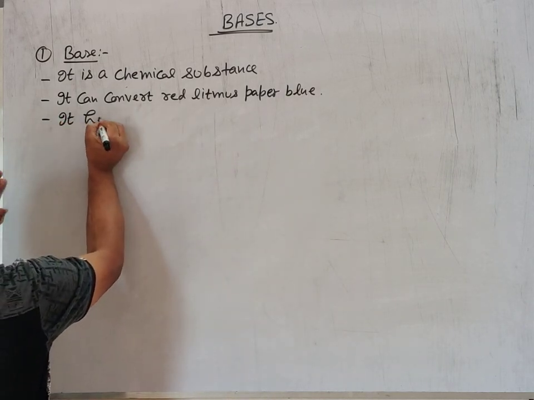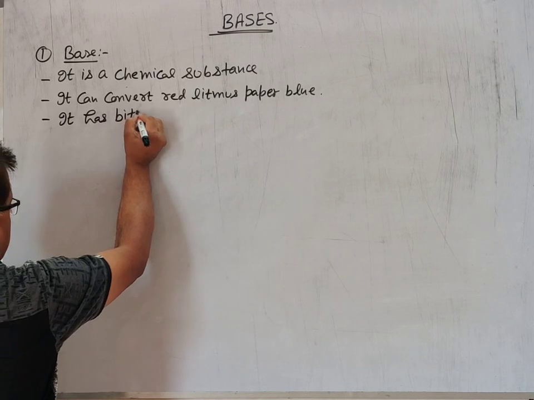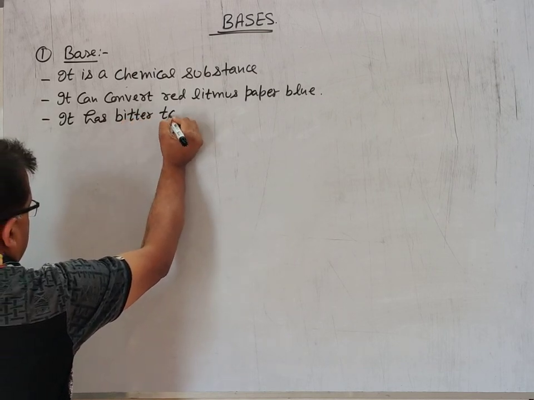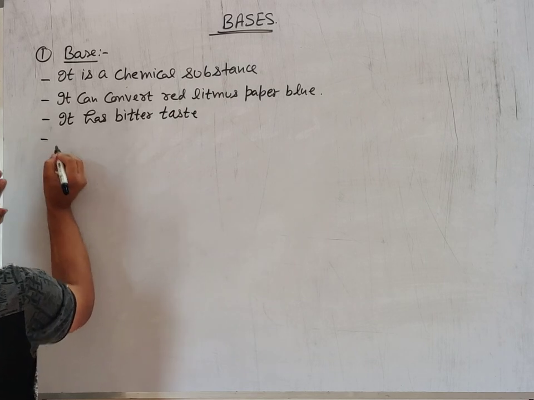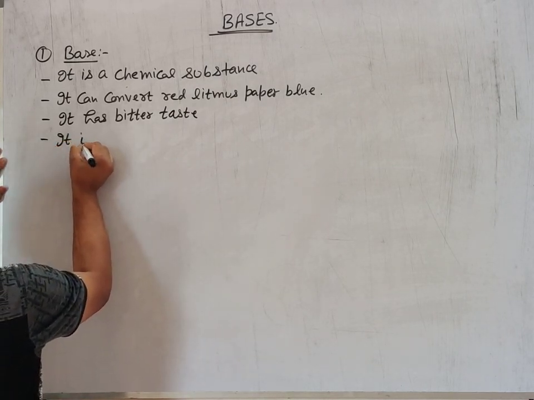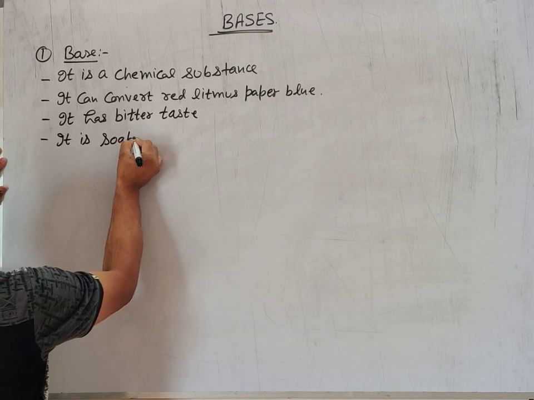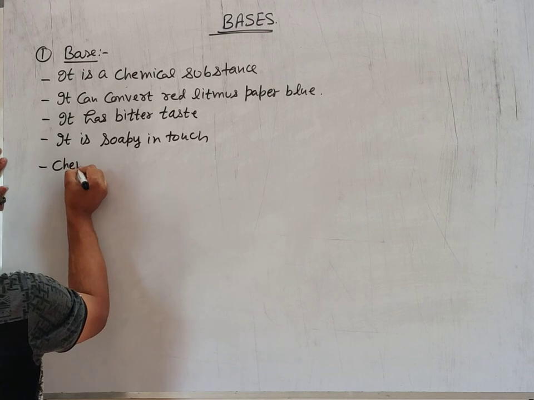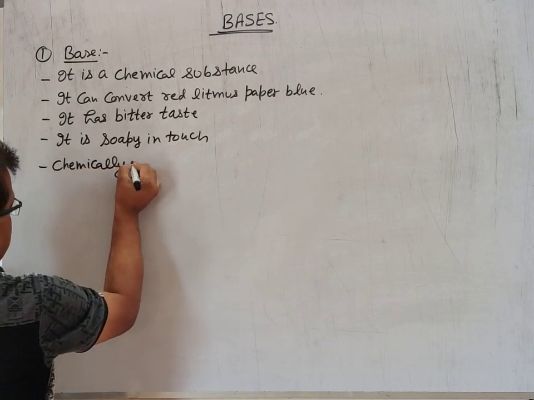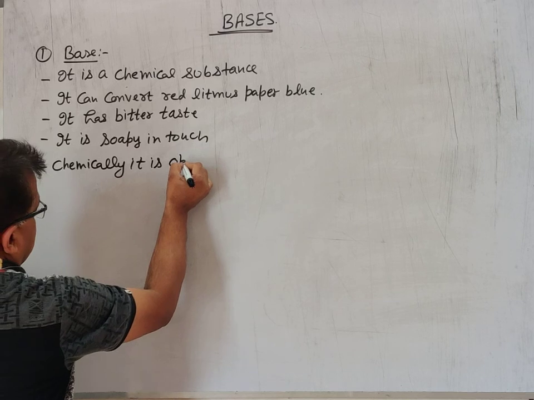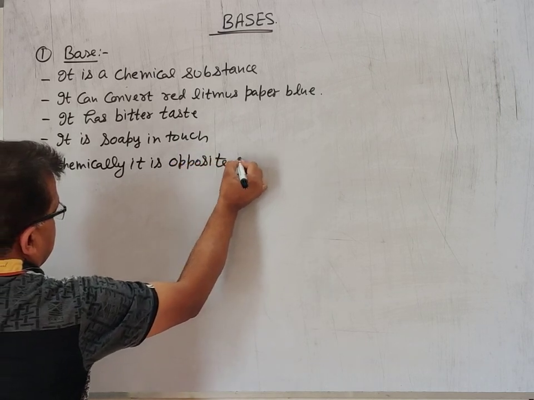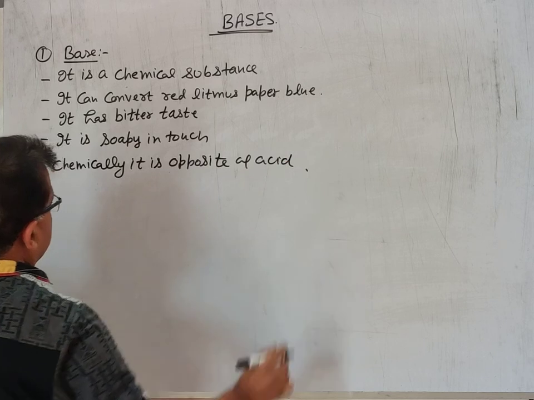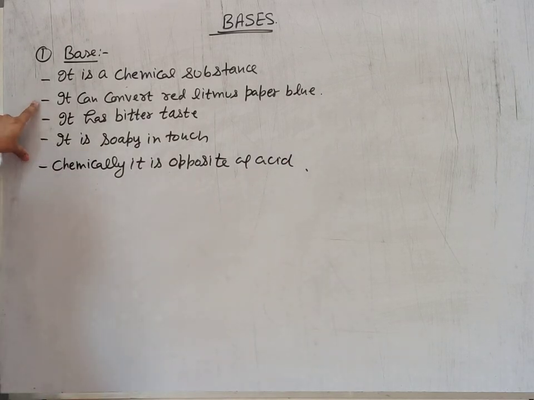It has a bitter taste. It is soapy in touch. Chemically, it is opposite of acid. So bases are chemical substances that convert red litmus paper blue, have bitter taste, are soapy in touch, and chemically are opposite of acids.